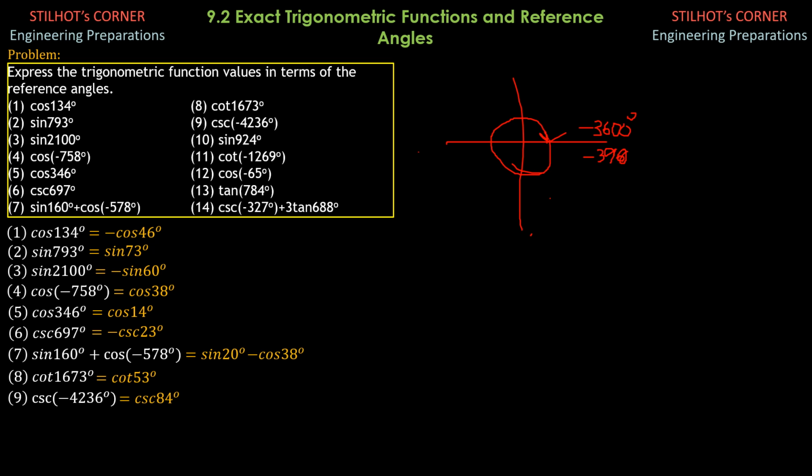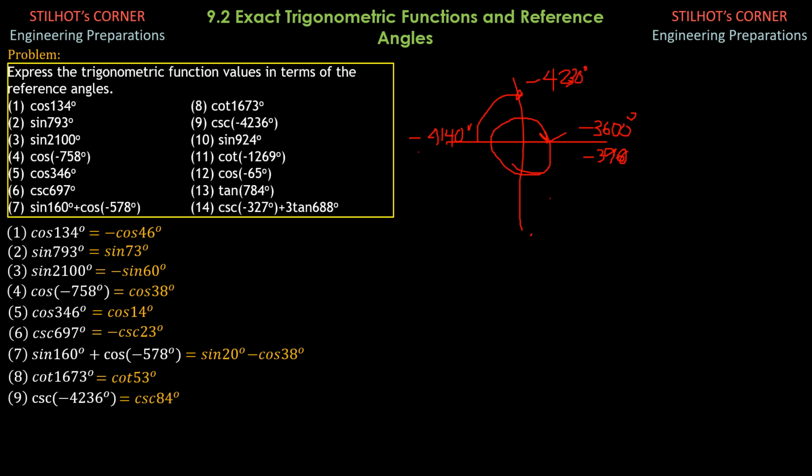Also, negative 3,960 minus 180, negative 4,140 degrees here, then minus 90, negative 4230.